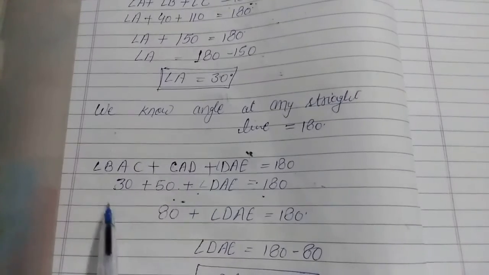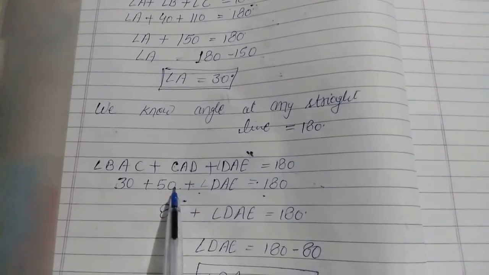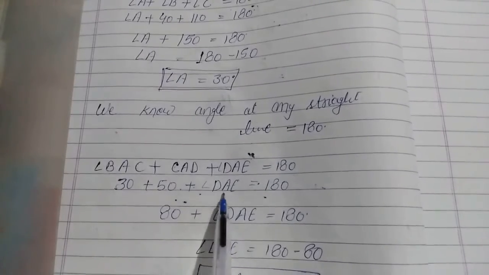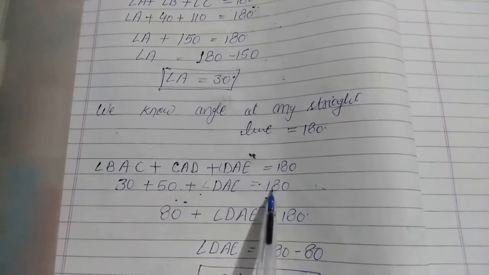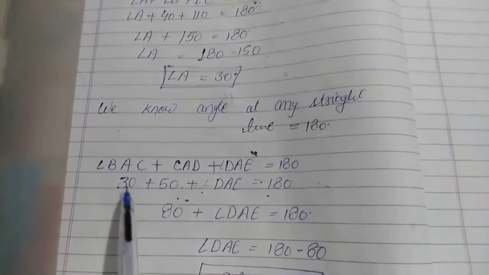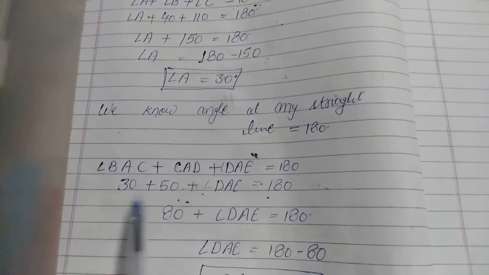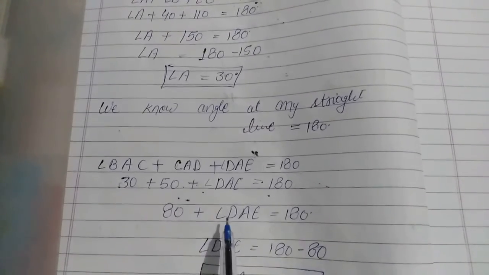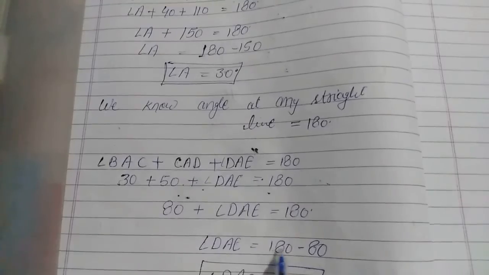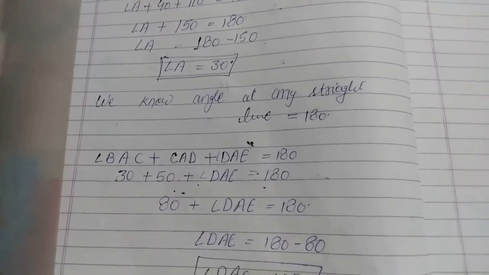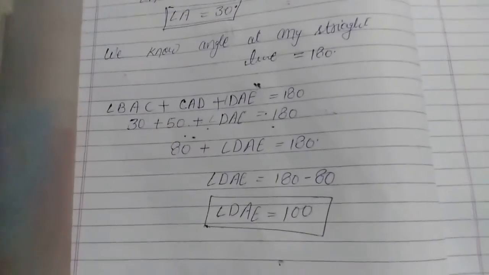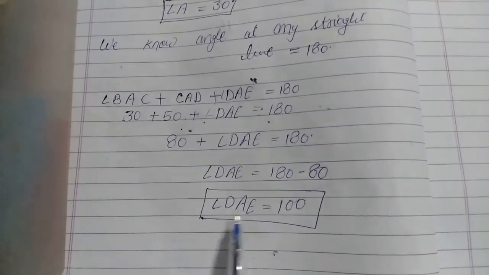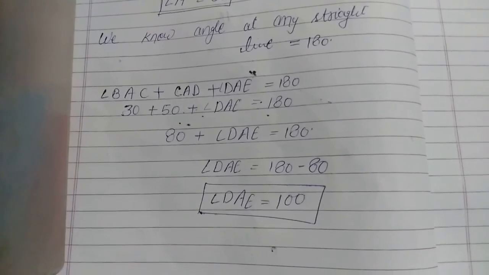This is 30 we have found, and this is 50, this we also have found, and we have to find DAE. This is 180 degrees. Now 30 plus 50 is 80. DAE is equal to 180 minus 80. That means 100. So this is our second solution of the 7th part, question 7. DAE is equal to 100 degrees.